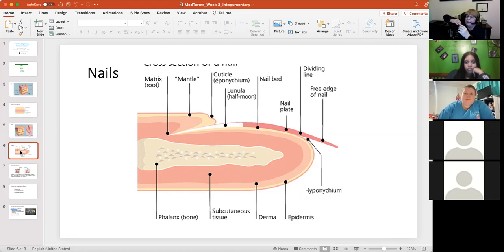The nail bed, which is underneath the nail, where upon which the nail is sitting. Okay. The lunula, which is half moon. So if you know the word luna is moon, that can help you remember this, is that little tiny half moon white spot, right? At the very top of your nail, right before the cuticle.